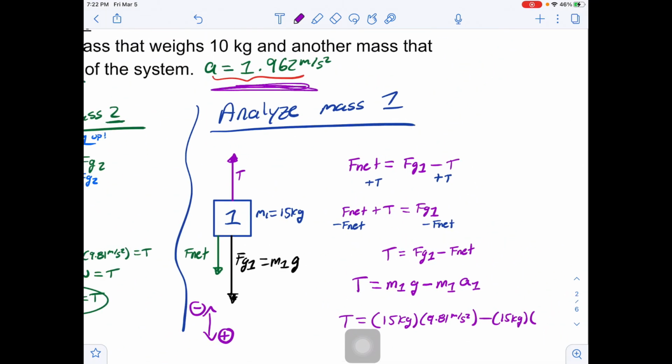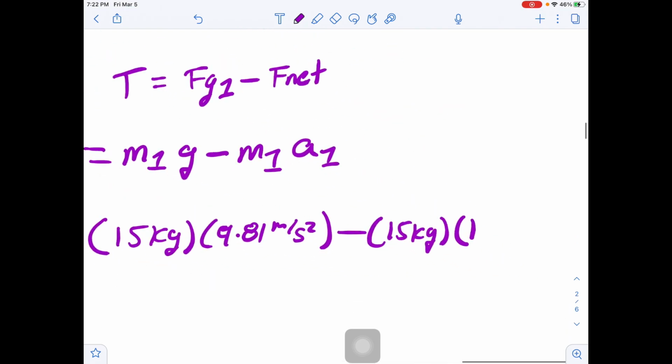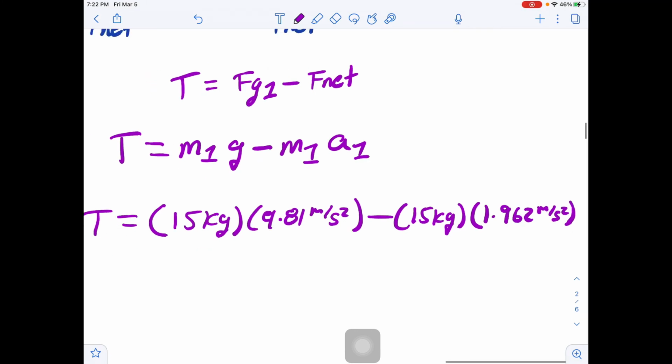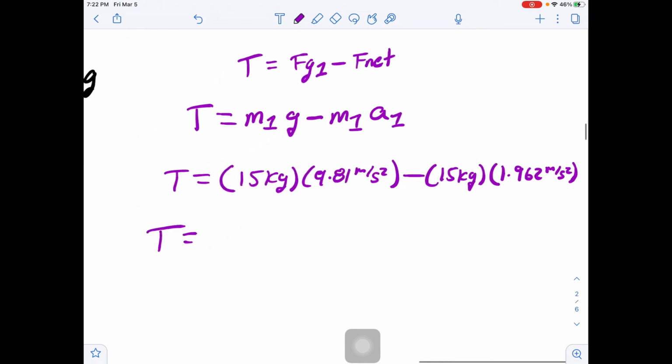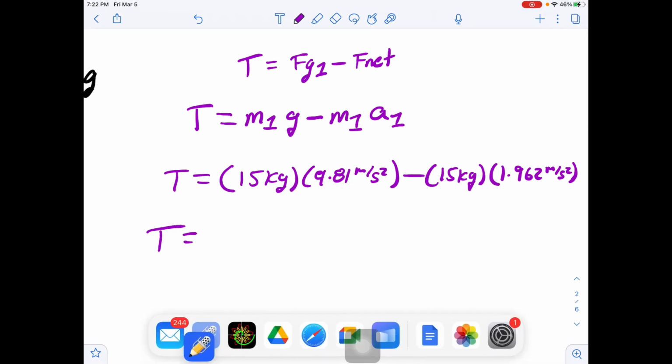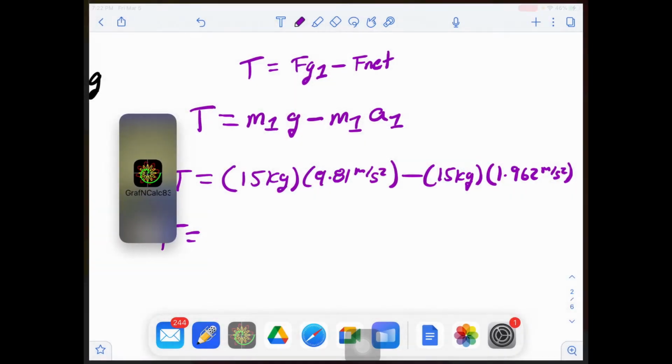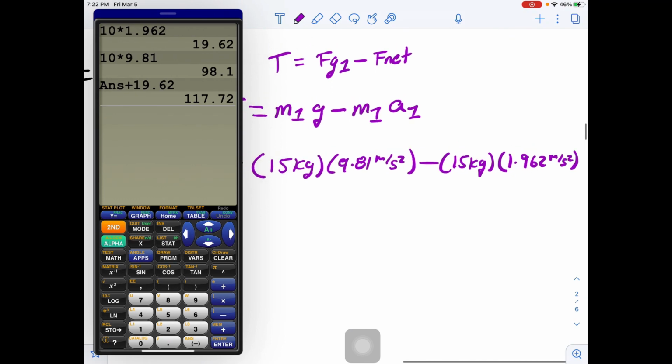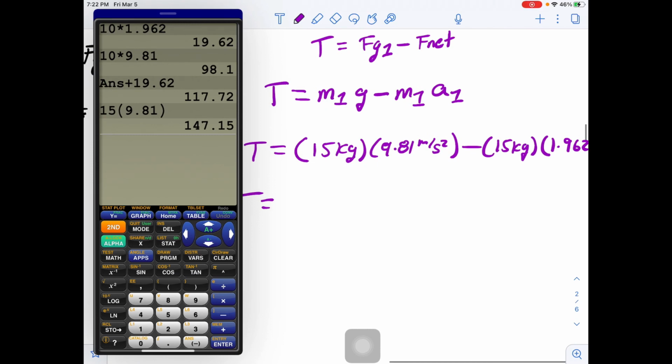Well, that was downwards, 1.962 meters per second squared. And now we can throw this into our calculator. So this is 147.15 newtons.